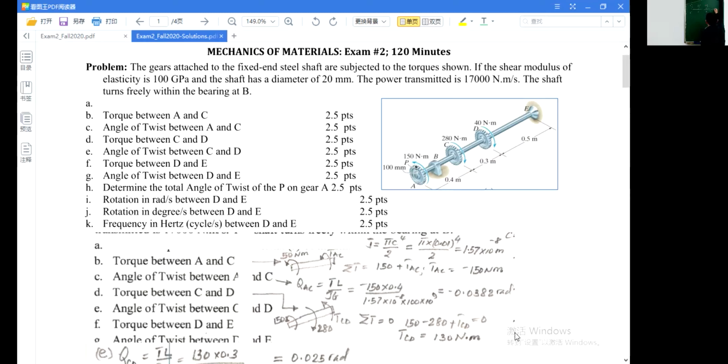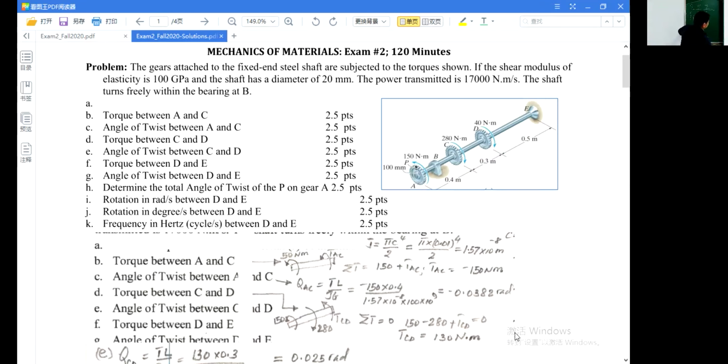How much is the torque at point E? Because it is A and C, cut it. That's right.